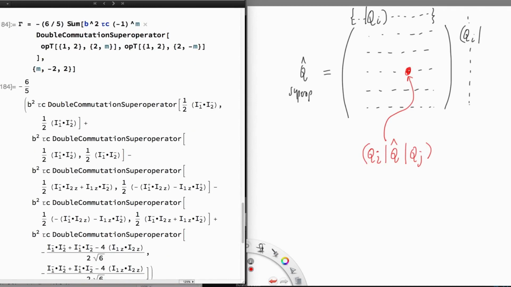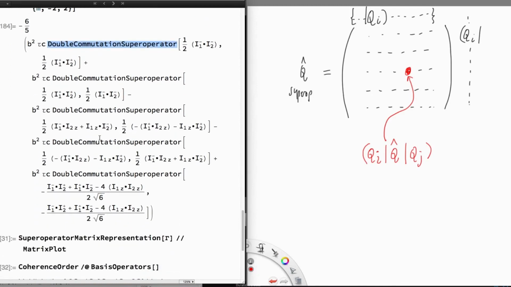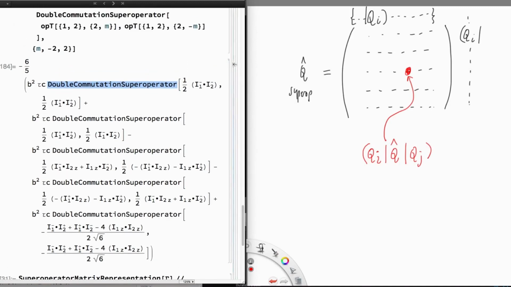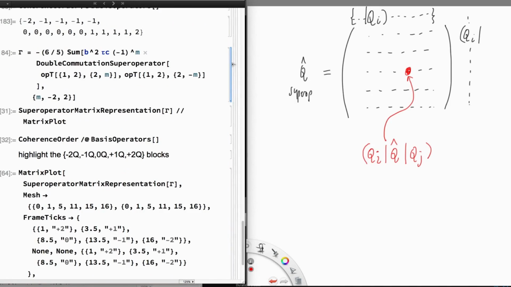That's where this sum here comes from, because the spherical tensor operators have 5 components. So it's the sum of 5 double commutation superoperators, some of which refer to these complicated spherical tensor operators. Doesn't matter.